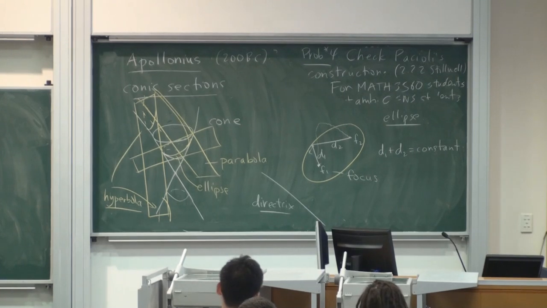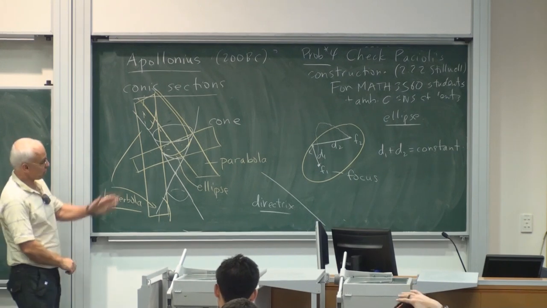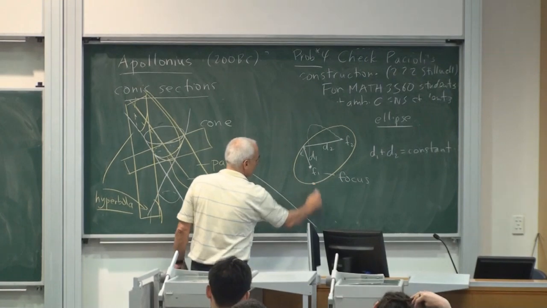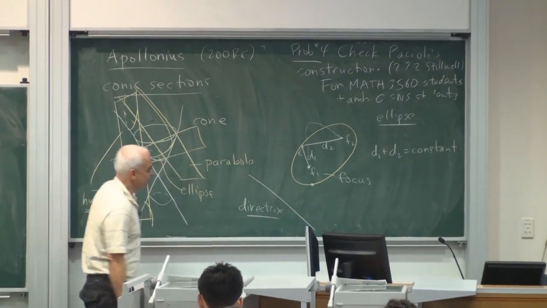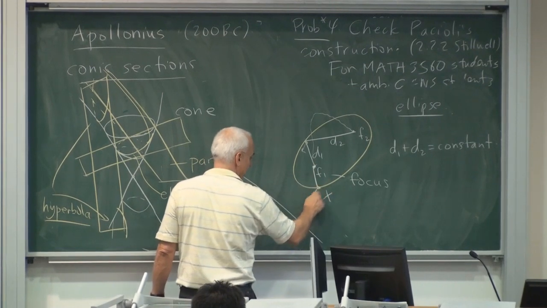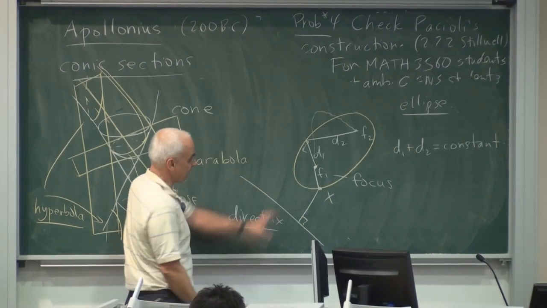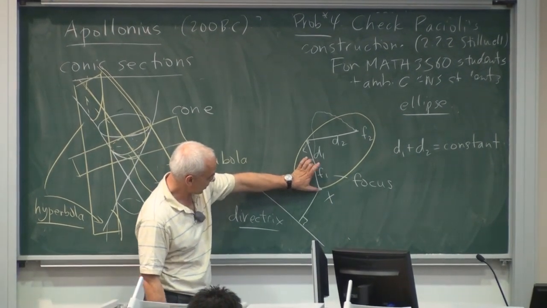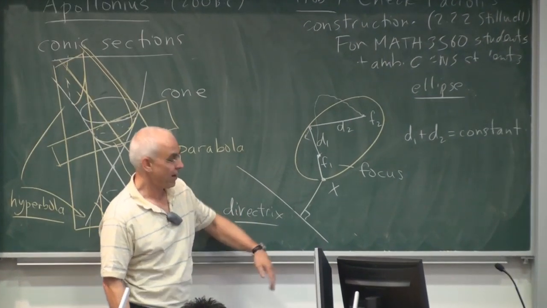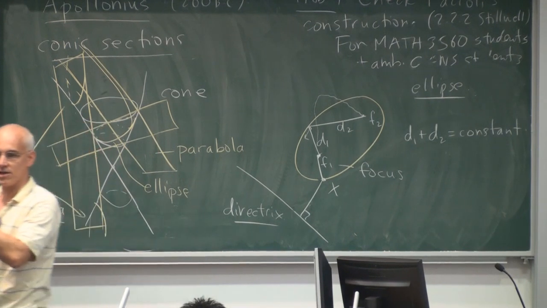Another definition of a conic, in this case an ellipse, but it works for the other conics too, in terms of the focus and directrix is to say, we're going to look at a point x over here, which has the property that if we compare the distance to the focus to the perpendicular distance to the line, then that ratio is always a constant number.